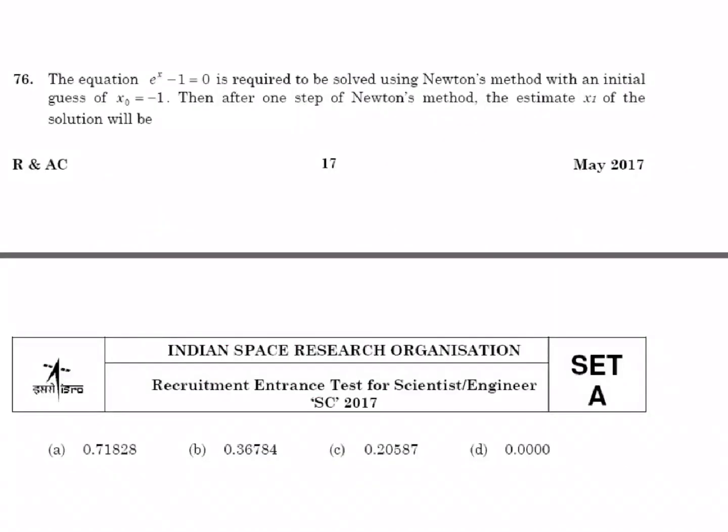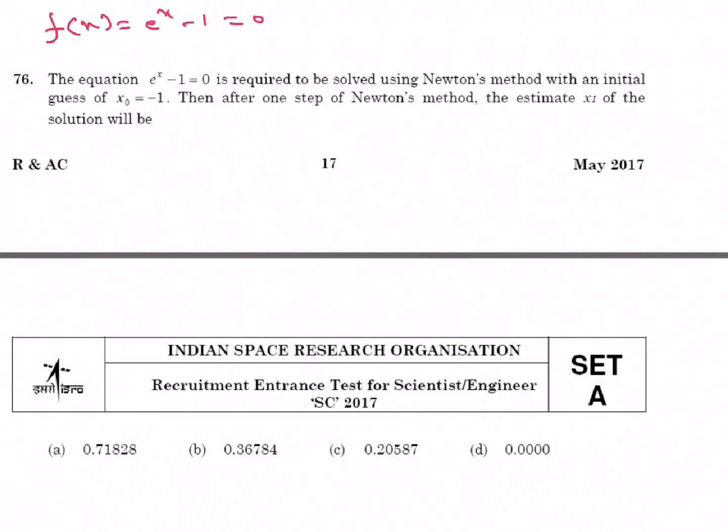The equation e to the power x minus 1 equal to 0 is required to be solved using Newton's method with an initial guess of x0 given as minus 1. So x1 value we have to calculate. Our formula is, f of x is e to the power x minus 1, equal to 0.